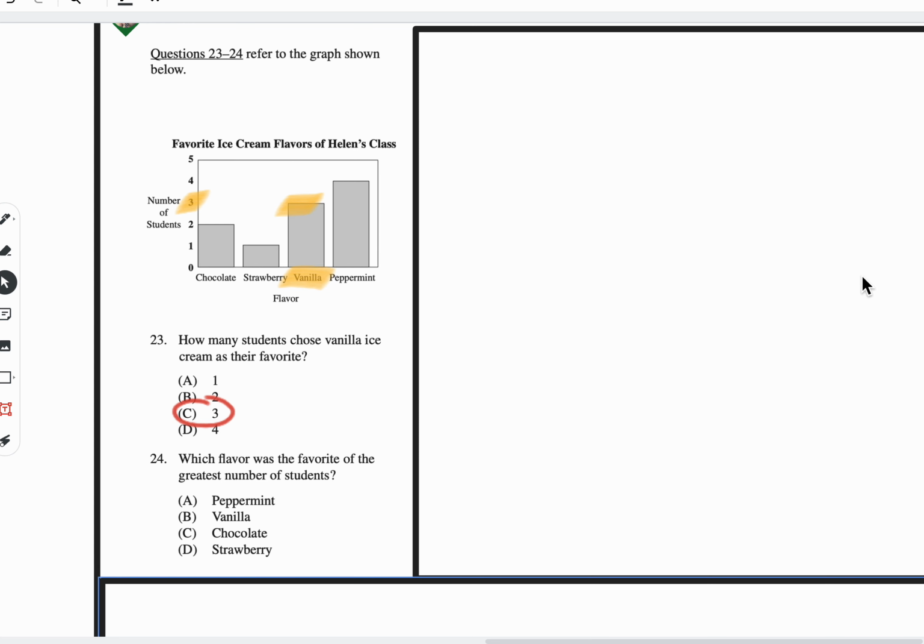Based on the graph, 2 students chose chocolate. One student chose strawberry. 3 students chose vanilla. And 4 students chose peppermint.